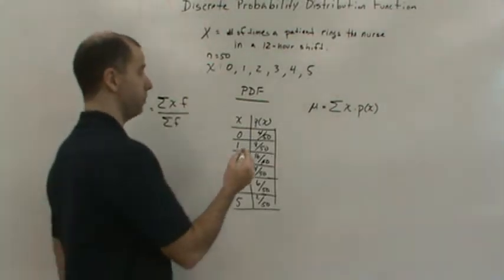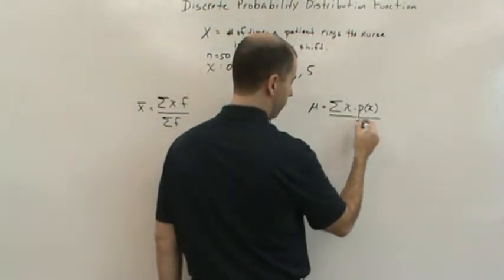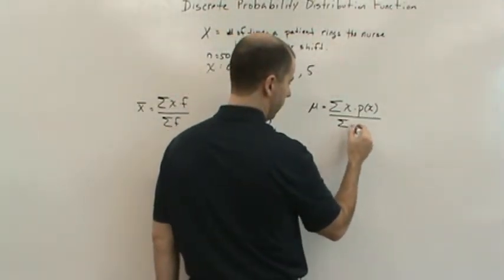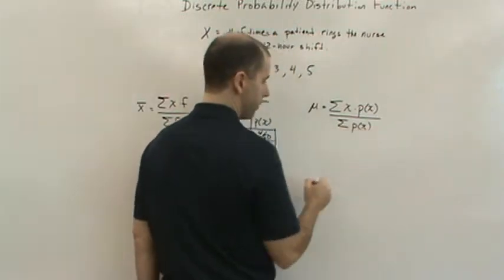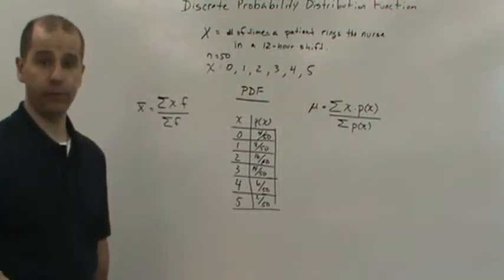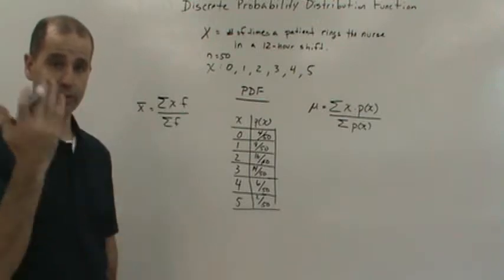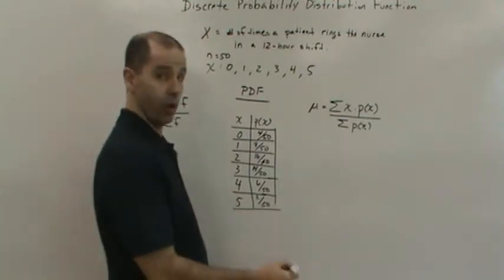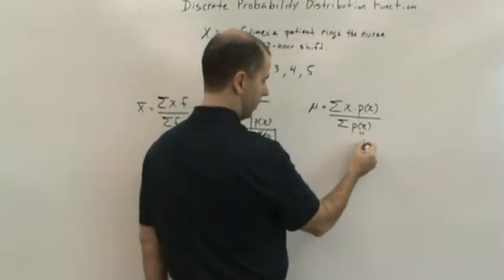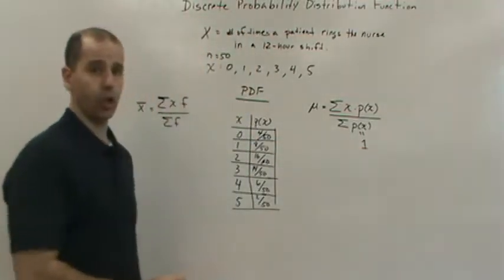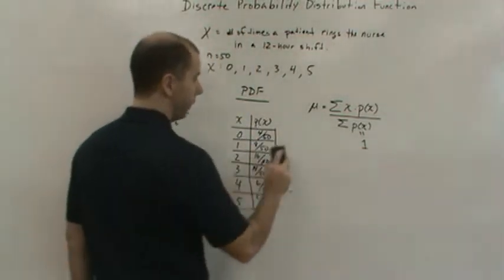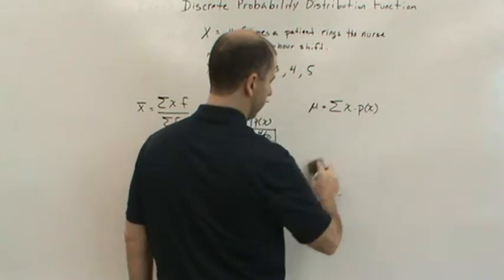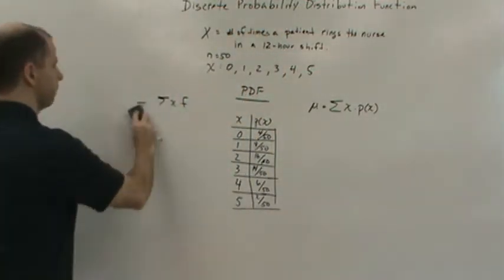Now, I could put over here the sum of p of x, but if this is a valid probability distribution, the sum of p of x is always 1. So we don't need it. All we have to do is remember this formula.